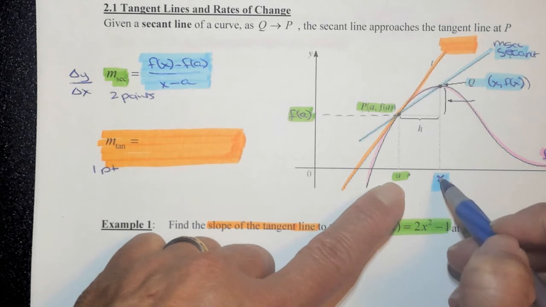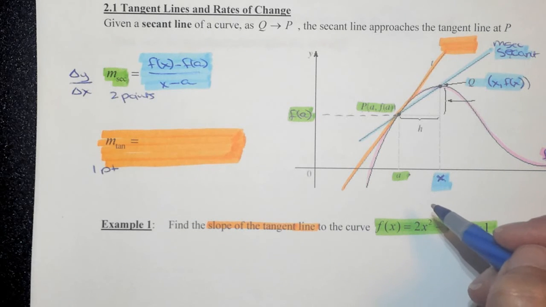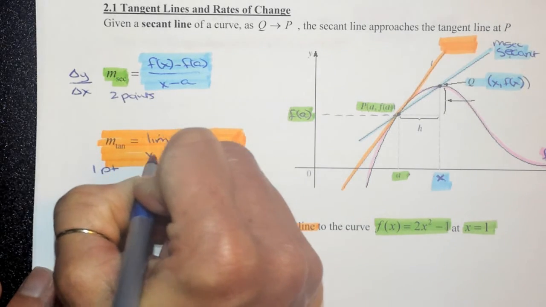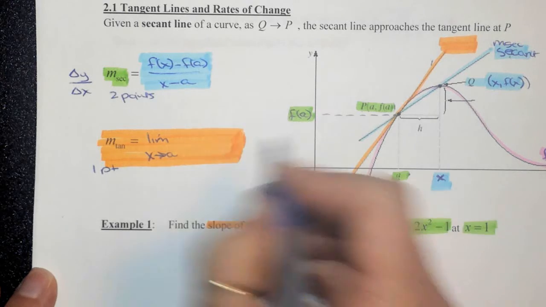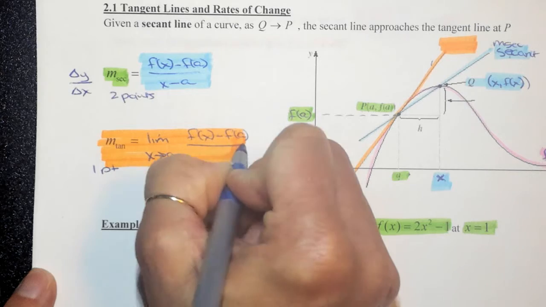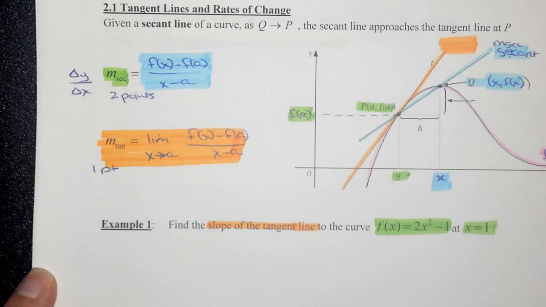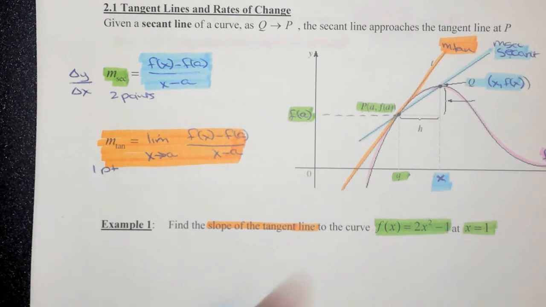We are evaluating the limit. That's the whole reason that in Unit 1 we evaluated the limits. So we're going to evaluate the limit as x approaches a, meaning this value will approach this value, of f of x minus f of a all over x minus a. And this is the standard formula for us to find the slope of the tangent line.